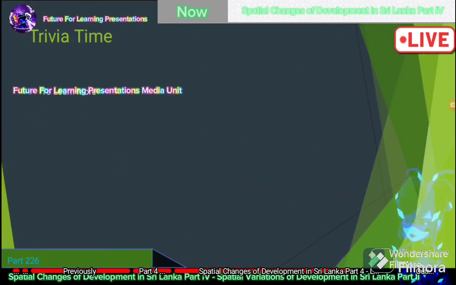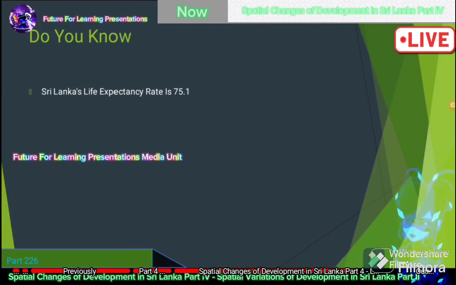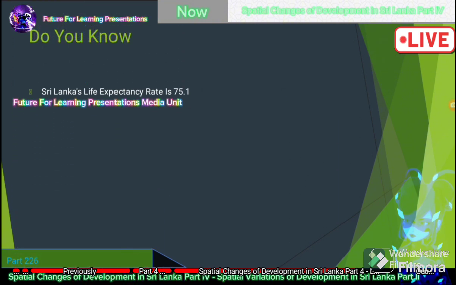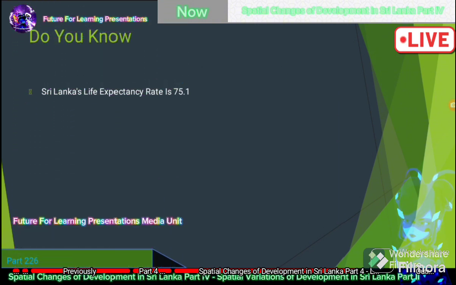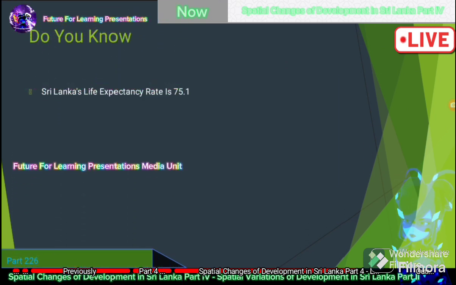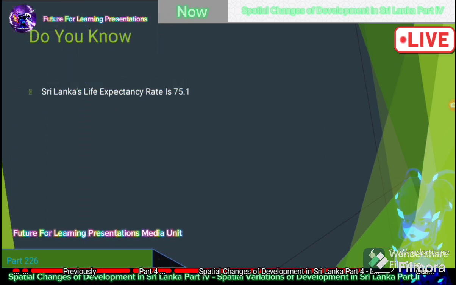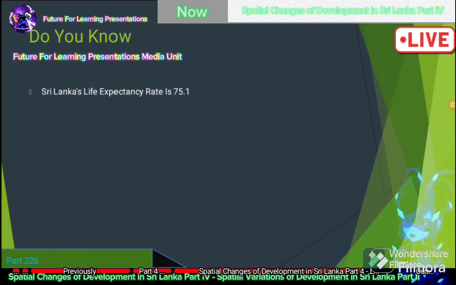Trivia time, what did we miss? Do you know that Sri Lanka's life expectancy rate is 75.1? Yes, it is because health conditions are increasing according to the demand. When a disease is coming, the health factors also increase more than you think.